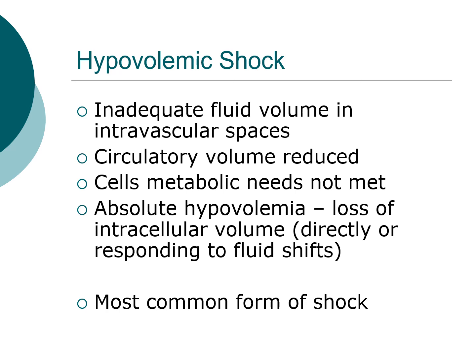This is where there's been actual volume loss. So we see here inadequate fluid, circulatory volume reduced, and therefore the metabolic needs can't be met, and it is an absolute hypovolemia or loss of fluid. So think about how people can lose fluids and become hypovolemic. It could be severe dehydration, it could be vomiting, it could be diarrhea, it could be bleeding.